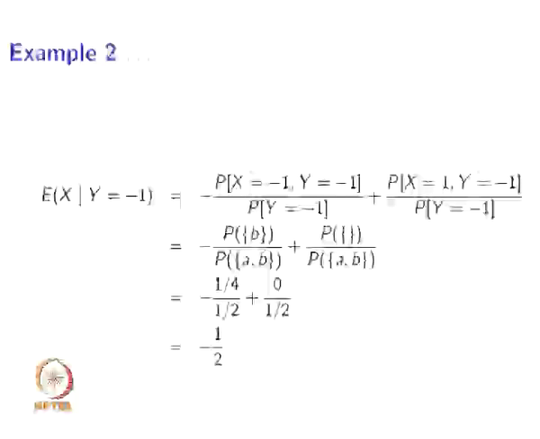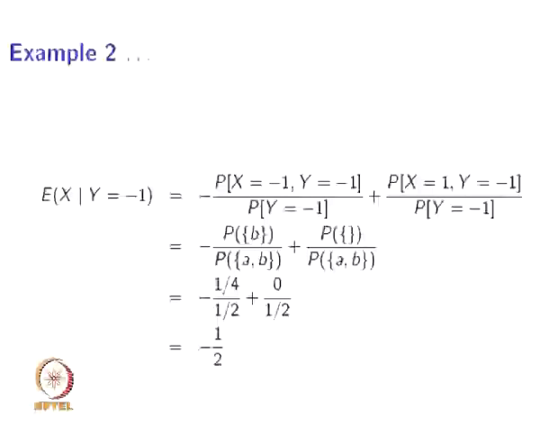Therefore, the conditional expectation of X given Y takes the value minus 1 is going to be minus 1 times this conditional probability, which you know how to compute: the joint probability mass function of X takes the value minus 1, Y takes the value minus 1, divided by the probability of Y takes the value minus 1, plus the second term, the joint probability mass function of X takes the value 1 and Y takes the value minus 1. For the probability of X takes the value minus 1 and Y takes the value minus 1, the only possibility is the sample A, and similarly this sample is not possible, that is an empty set.